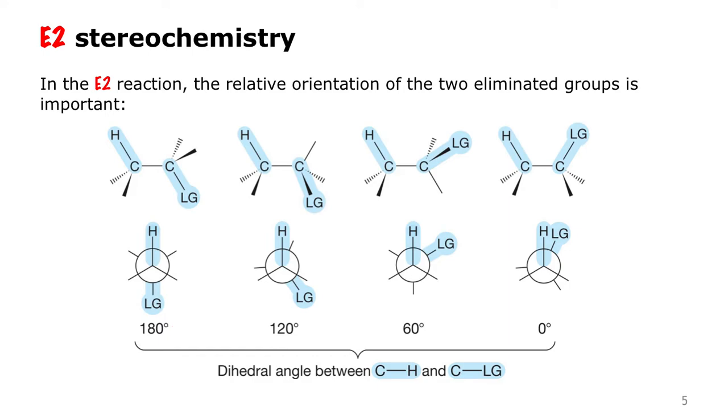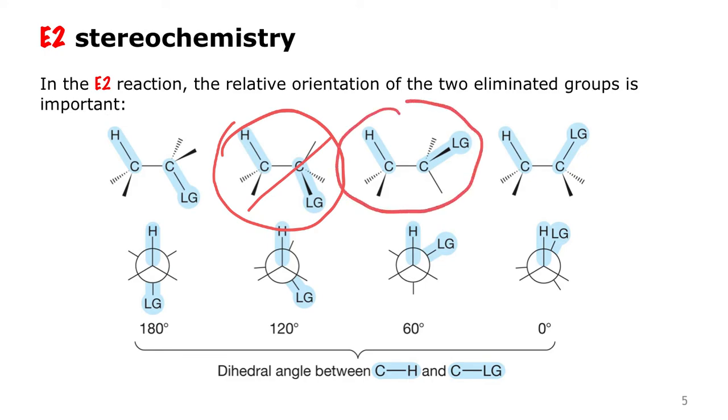So what we find here is that the reaction won't occur if you do not have full alignment. In this case, we have a dihedral angle of 120 degrees, and that structure is inert to the E2 elimination. Here we have the carbon-hydrogen bond and the carbon-leaving group bond gauche, and this is also inert to elimination.